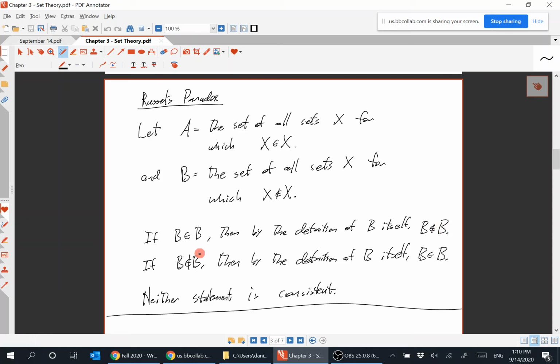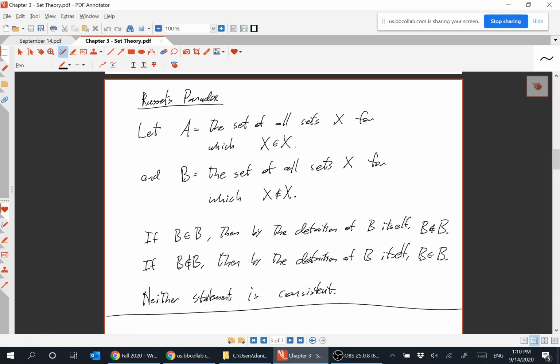B is not an element of itself. If B is not an element of itself, then by definition, B must be an element of itself. So again, we contradict ourselves. A proposition can't be both true and false at the same time. So this is known as a paradox or an inconsistency, and that's the problem with naive set theory.